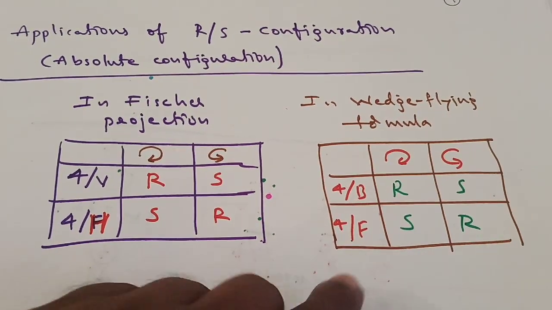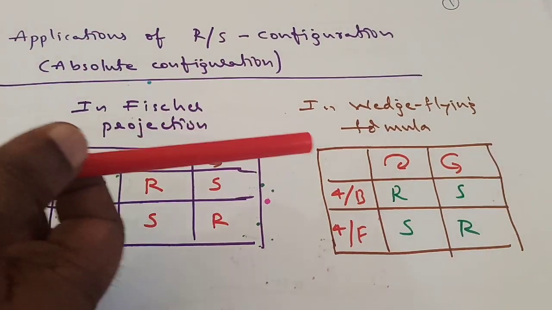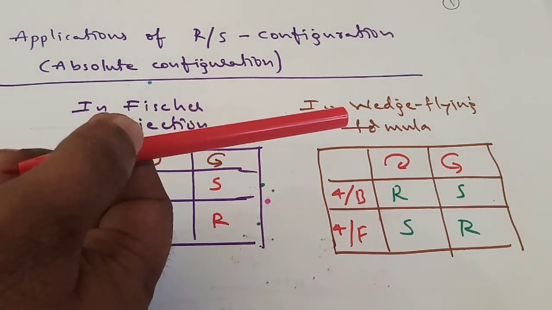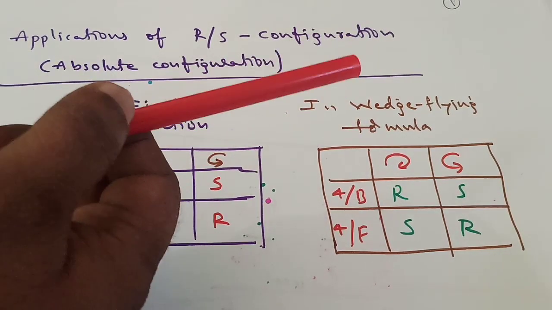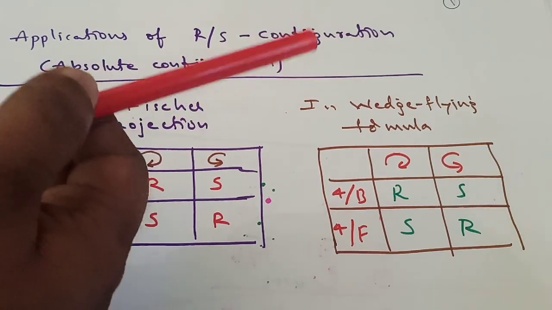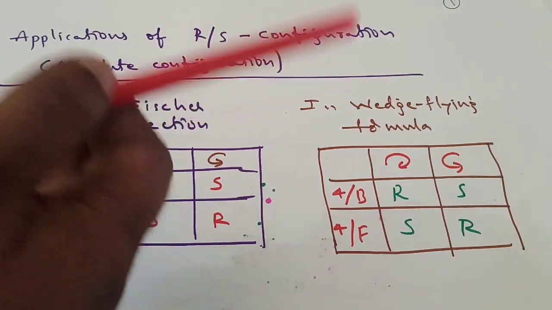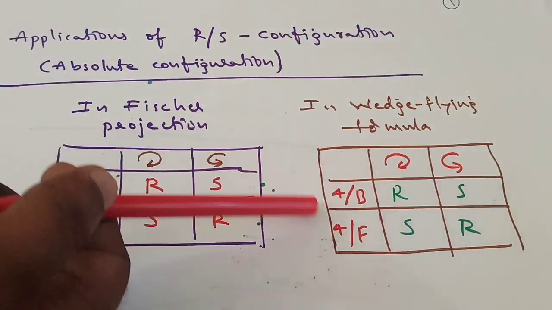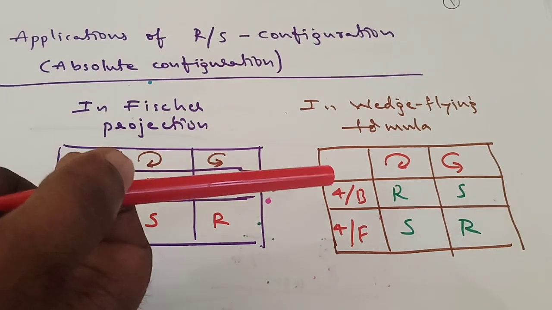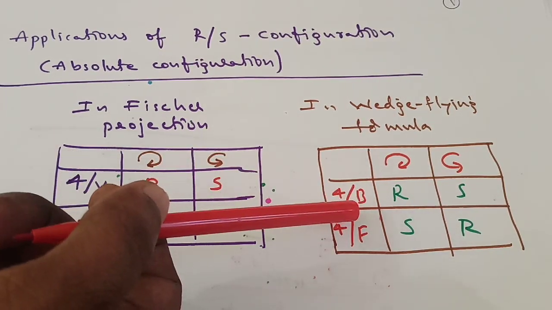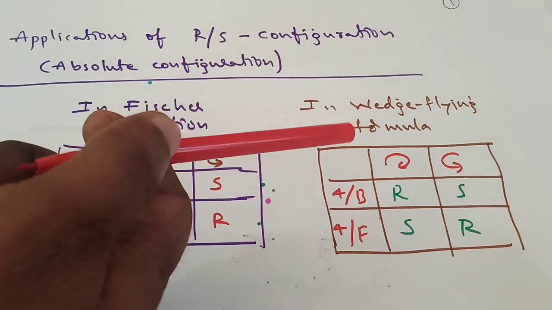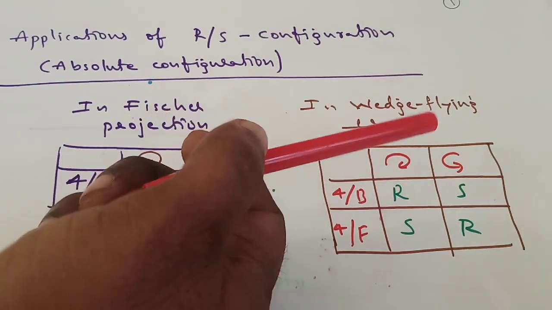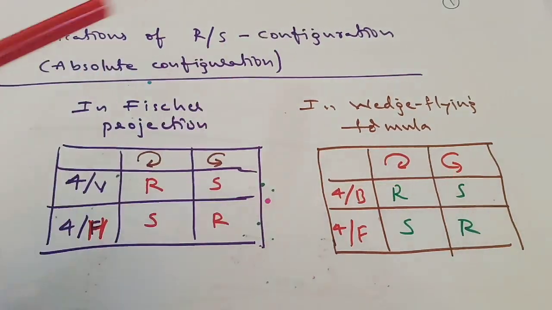Similarly, in the wedge-dash formula also, I told you in detail. View the molecule the same way: give priority from first to second, second to third, and third to fourth prioritized groups, and based on the direction of rotation we can assign the absolute configuration. If the 4th priority group is on the backside bond, that is the dotted line, clockwise rotation represents R configuration and counterclockwise rotation represents S configuration.